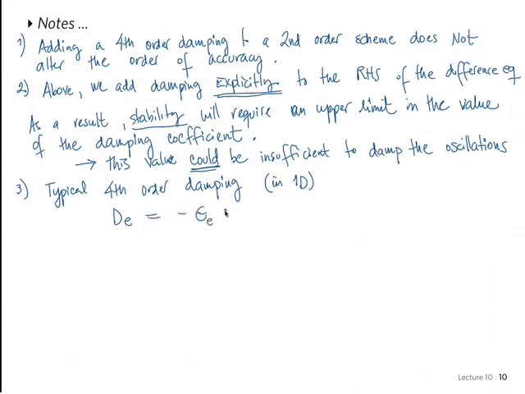The little e is for explicit because we're adding it in explicit form at the right hand side of the equation. Delta x to the fourth times the fourth derivative. This is the difference formula that we wrote in the previous slide. This is the explicit one.